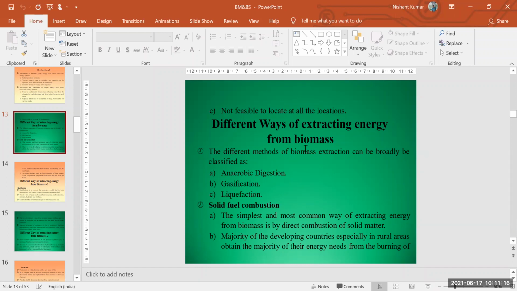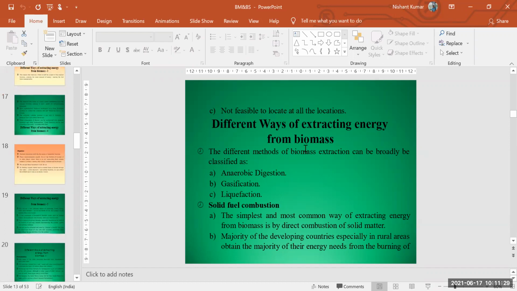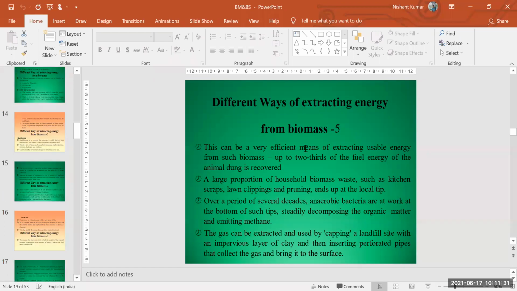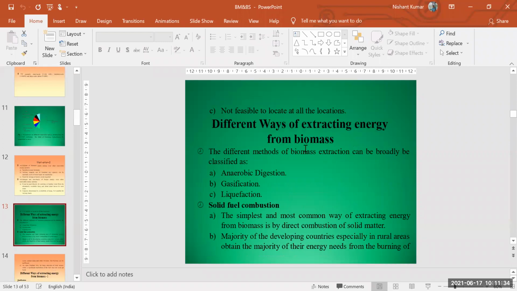So first let me draw instead. I think it is not there in this. I have drawn it yesterday. Yeah, it's not there. I will draw. First segment is your biomass, where it could be done based on direct combustion.